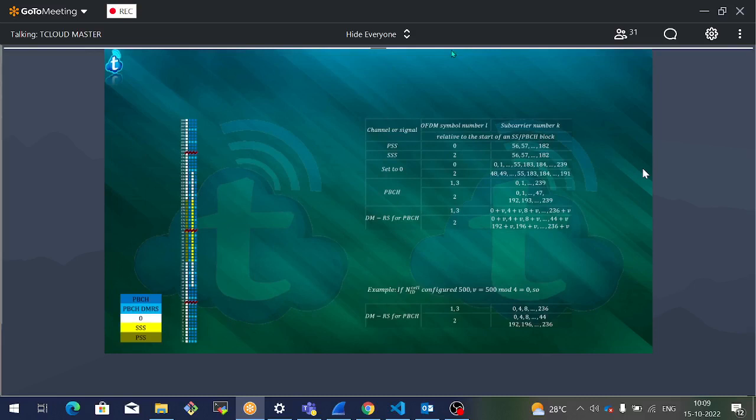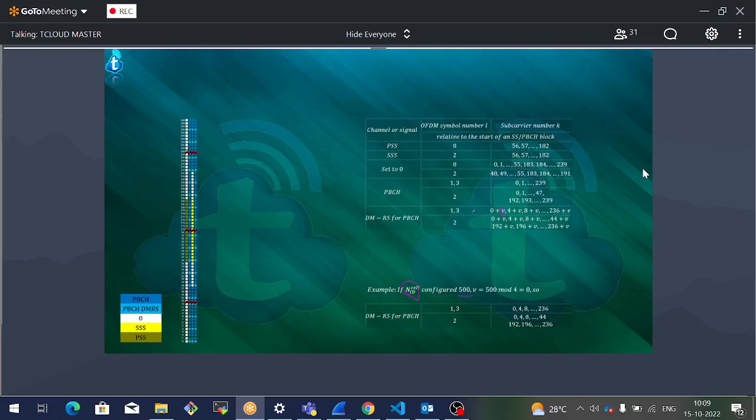Let us suppose the N cell ID value is 500. Now, in order to find the V value, you have to take the N cell ID modulo 4, which gives the remainder 0. So the V value became 0.